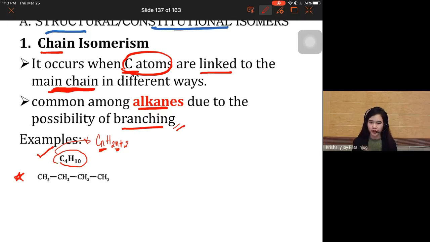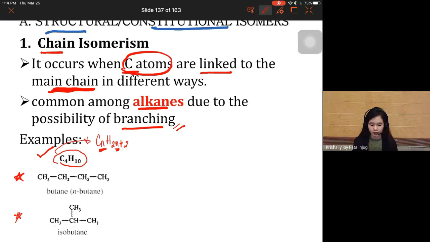Okay? Now, I have mentioned before that butane has one isomer. Butane has one isomer, and that is the isobutane. Naalala? Okay. So, kung titingnan natin yung structure ng dalawang molecule, magkaiba.